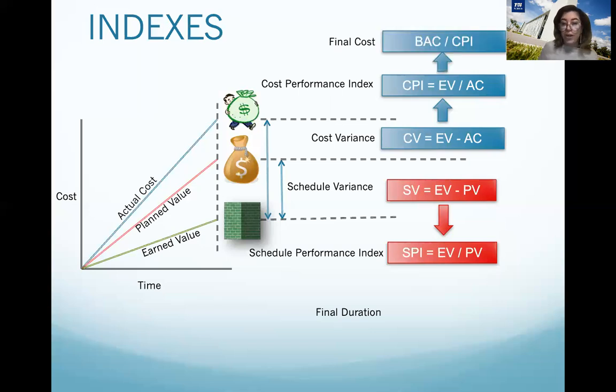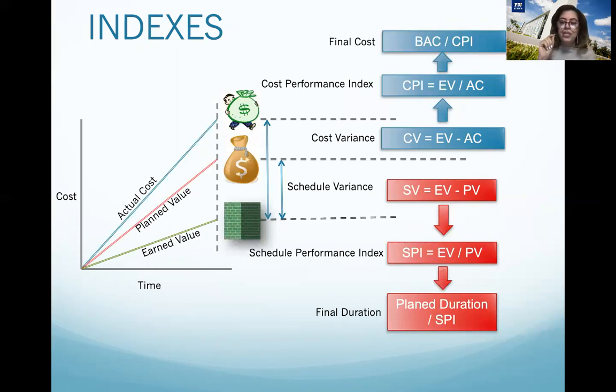Also, we can forecast the project based on actual performance. If the team continues performing in this way, I can calculate the forecast at the end of the project, which is the final cost. It will be this formula: budget at completion divided by CPI. The same way, I can forecast the future of my project using plan duration divided by SPI.